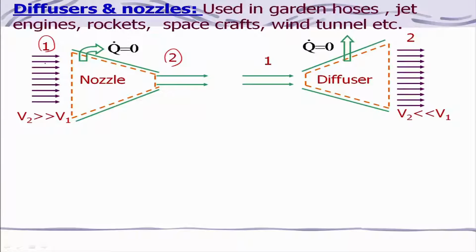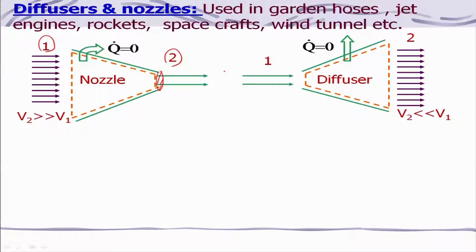When it moves through the nozzle, there is a change in area; area is higher at station 1 and low here. This is your cross sectional area, then the velocity has increased. As I told, the area is decreasing at the exit of the nozzle, therefore, velocity will increase.